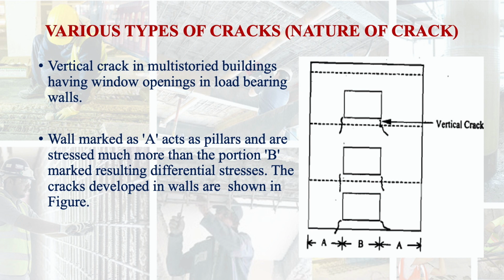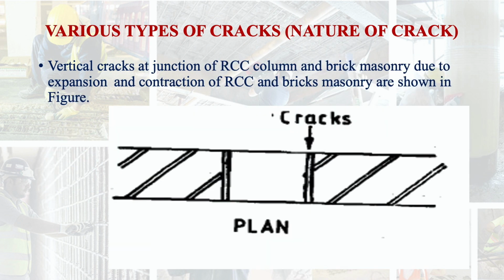So wall marked as A acts as pillars and is stressed much more than the central portion B, resulting in differential stresses. The cracks developed in walls are shown here. Vertical crack at the junction of RCC column and brick masonry due to expansion and contraction of RCC and brick masonry is shown here.